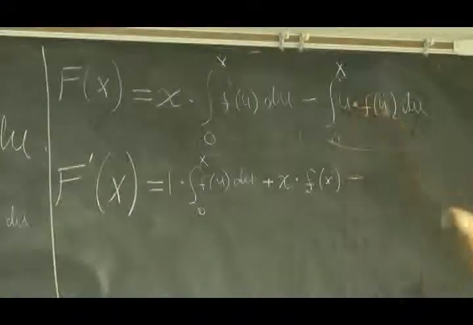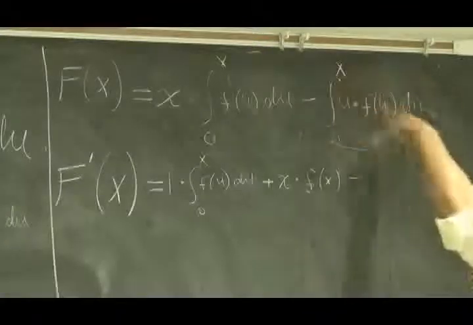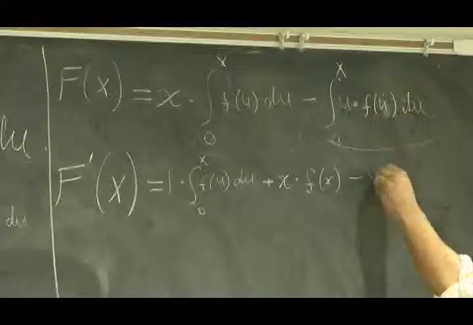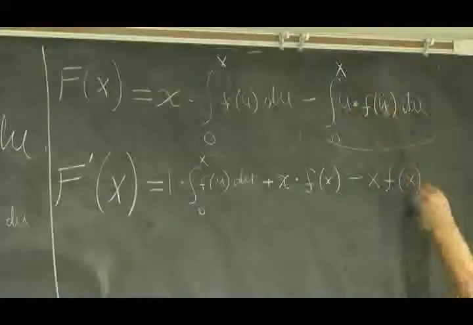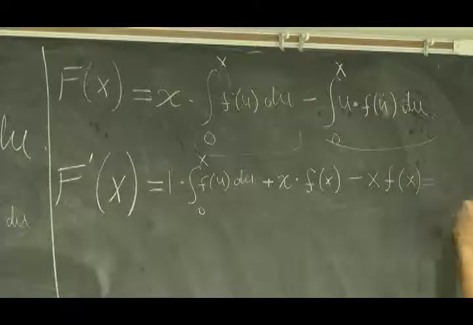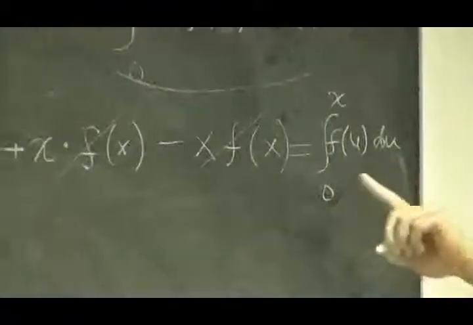This is just the fundamental theorem, direct application. So if you apply the fundamental theorem for this integral, what's the derivative? You replace every u by x, so x f of x, right? Okay, can we simplify this? These cancel, yes? And we just have the integral from 0 to x of f of u du. That's the derivative of this function.